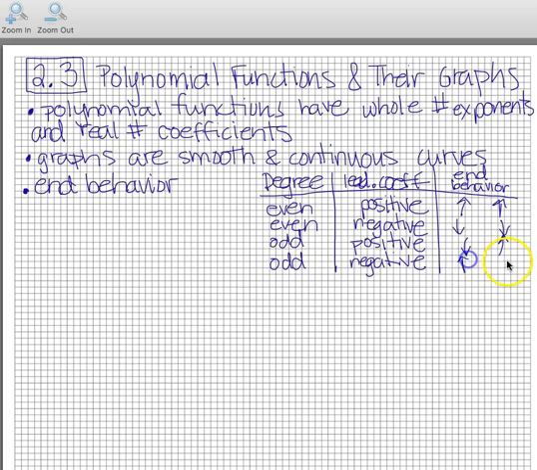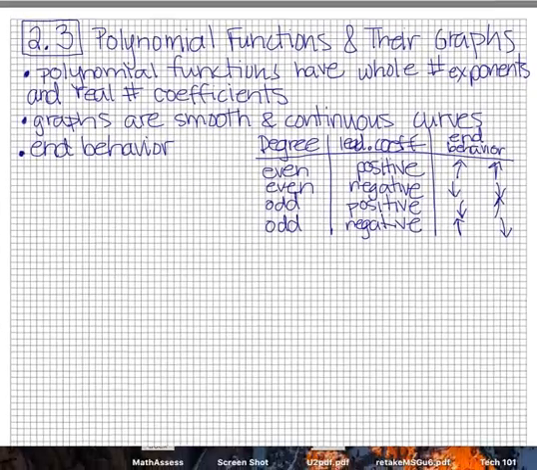As you're looking at the picture, the left side goes up and the right side goes down. So this should have been a stress point in Algebra 2. Hopefully you know that end behavior, but if you don't, then I have retaught it for you there.